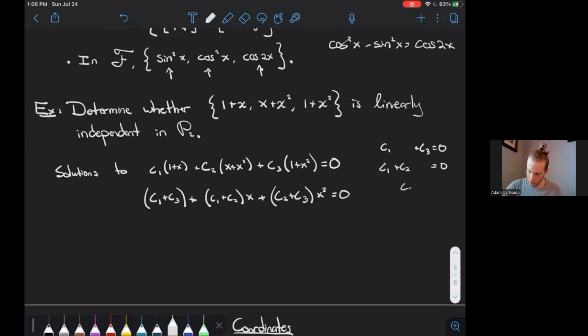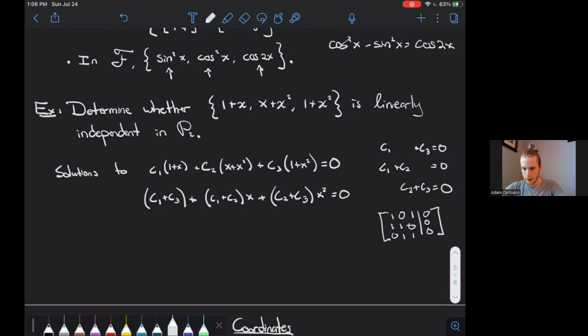And I need C2 plus C3 to be equal to 0. Wait a second. I've solved this equation before in our class, right? All we have to do is solve the linear system 1, 0, 1, 1, 1, 0, 0, 1, 1, augmented with 0, 0, 0.